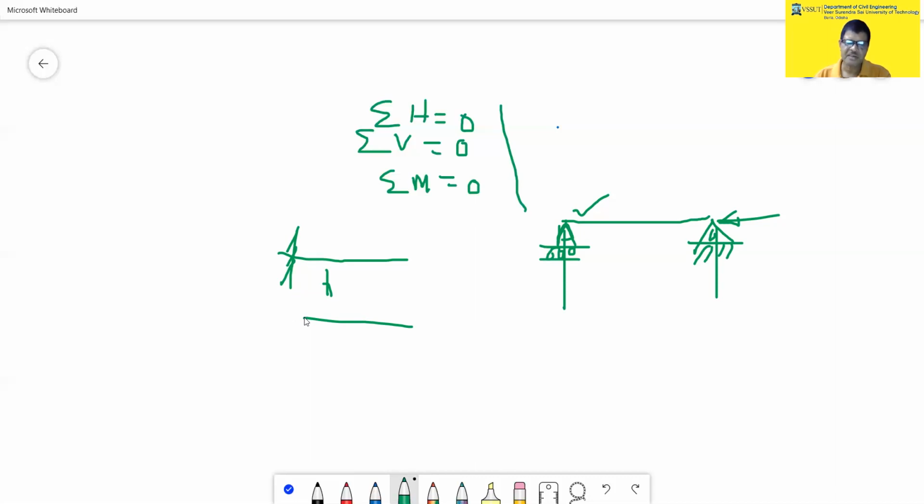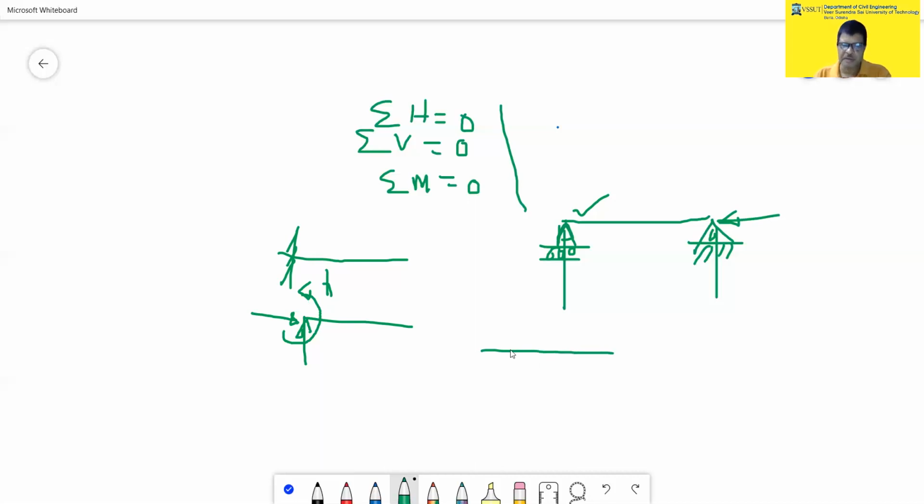The reactions will be a vertical reaction, a horizontal reaction, and a moment. So the fixed support is replaced by these three reactions. Three unknowns, and again three equations from the equilibrium equations, so this is statically determinate.